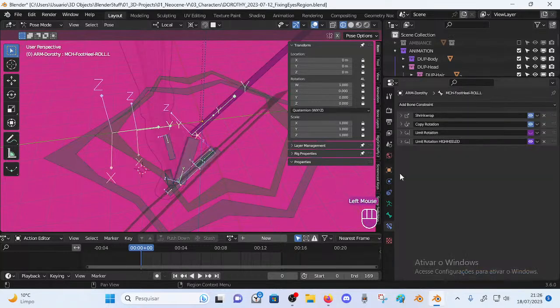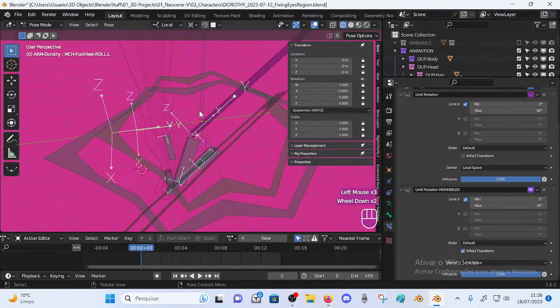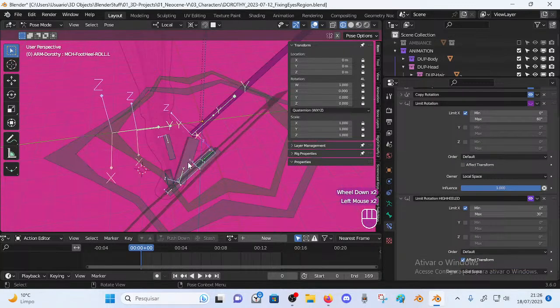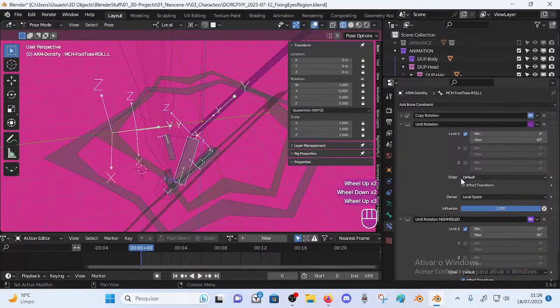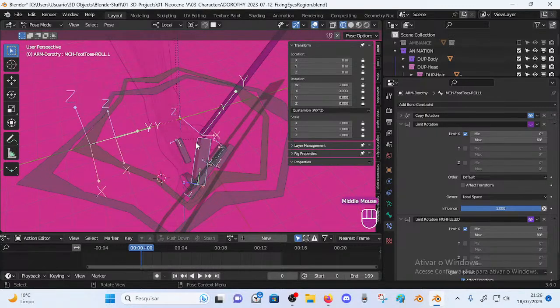So this is the way that I managed to make these high heel boots reversible. And for rigging it, the skinning, it is actually funny.